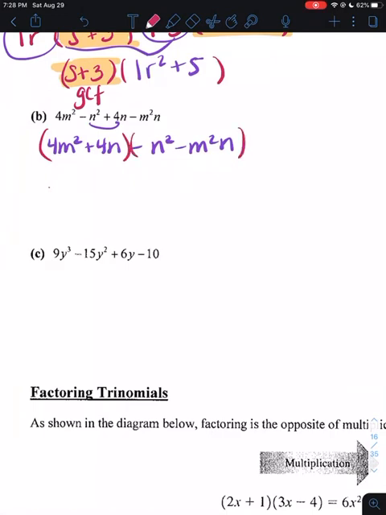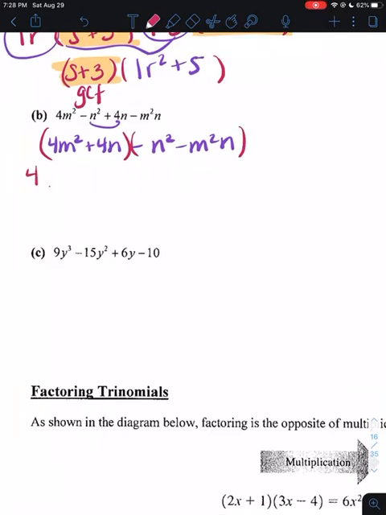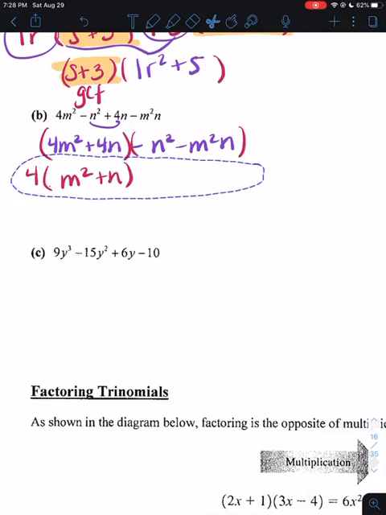In the first parentheses, the greatest common factor would be 4. And when I factor out a 4, I'm left with m squared plus n. Now, when you get to the second parentheses, because your first term is negative, you want to factor out a negative. So whatever your GCF is, you want to factor out the negative with it.